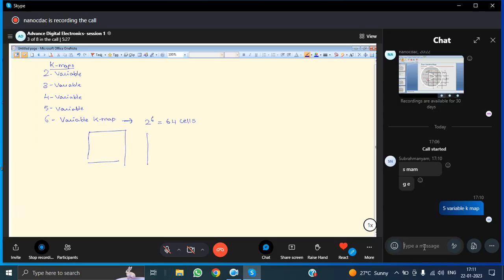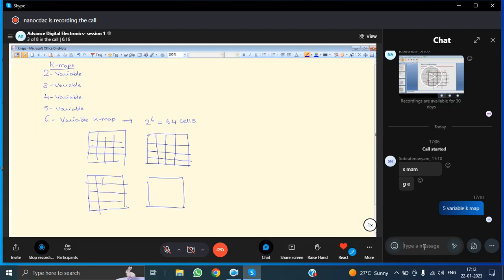While assuming this K map, you need to take the three-dimensional view. So this is our six variable K map.